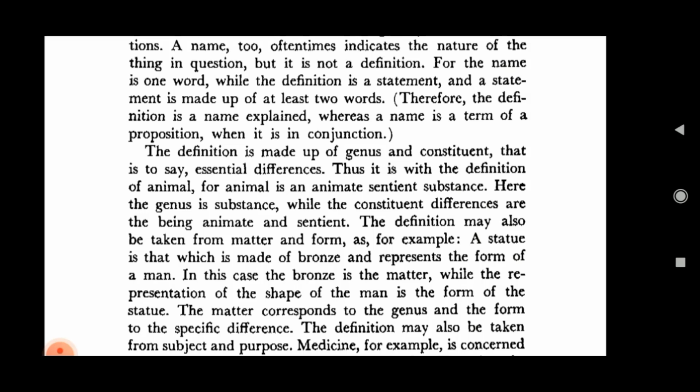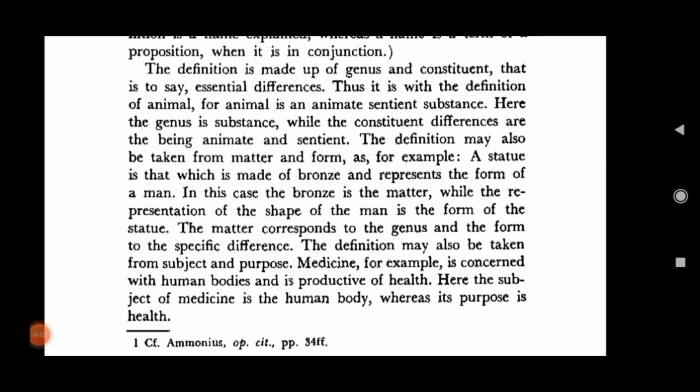Therefore, the definition is a name explained, whereas the name is a term of a proposition when it is in conjunction. The definition is made up of genus and constituent, that is to say, essential differences.